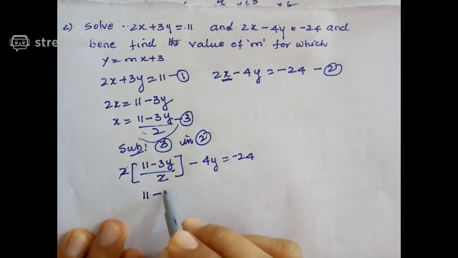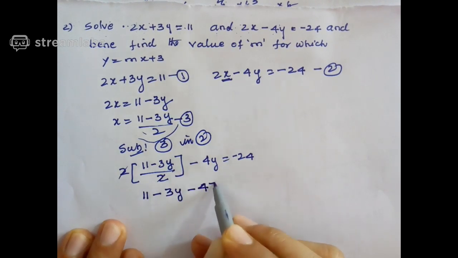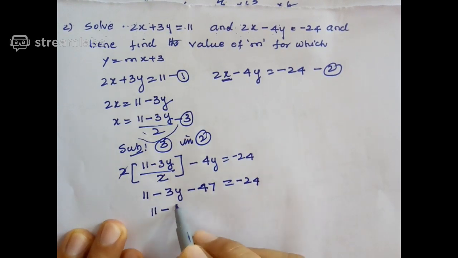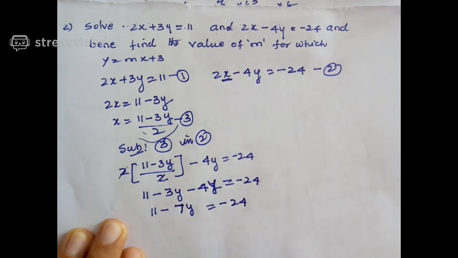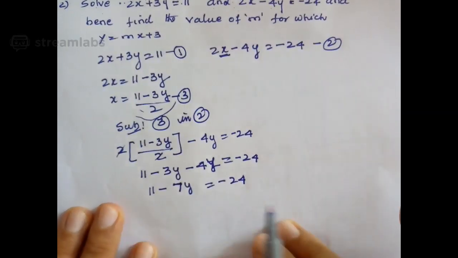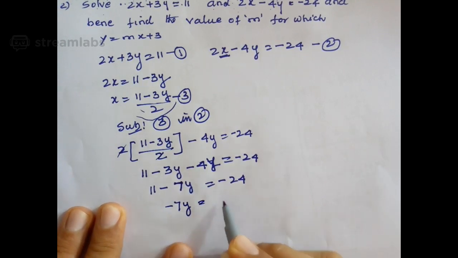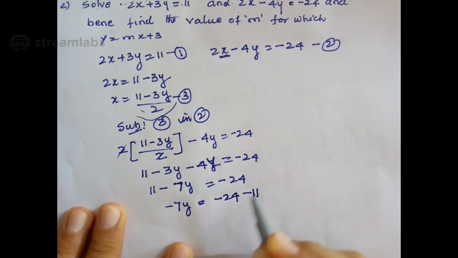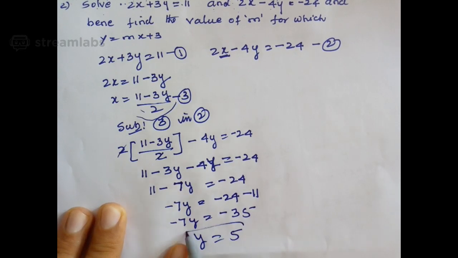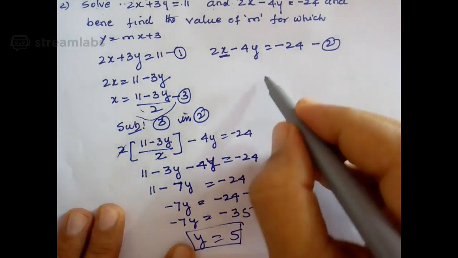Then 11 minus 3y minus 4y is minus 24. That is 11 minus 7y is equal to minus 24. Minus 7y is minus 24 minus 11. Minus 7y is minus 35. What is y? y is equal to 5.